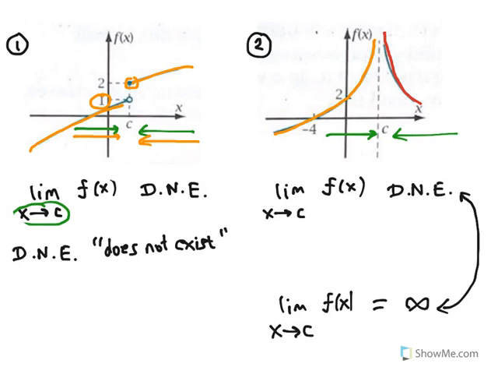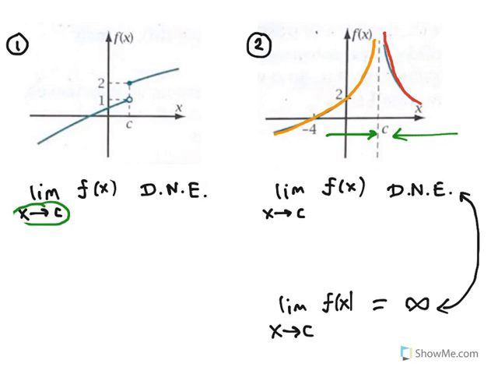Now we will go back to number 1, and we'd like to talk about one-sided limits. So it is true that the two-sided limit does not exist. As x approaches c from either side of c, the output values are not approaching a particular number or a single output value. That's not happening. However, you can do this.